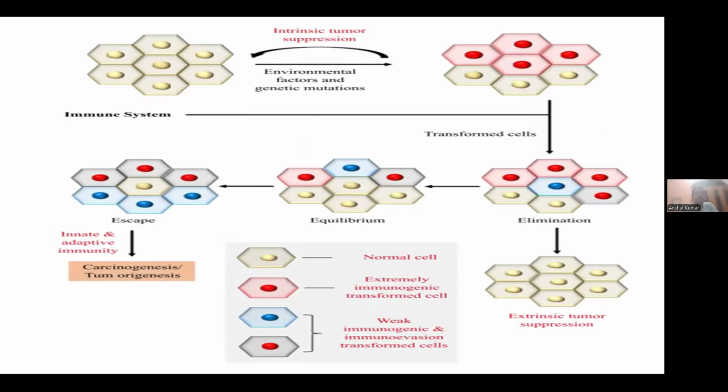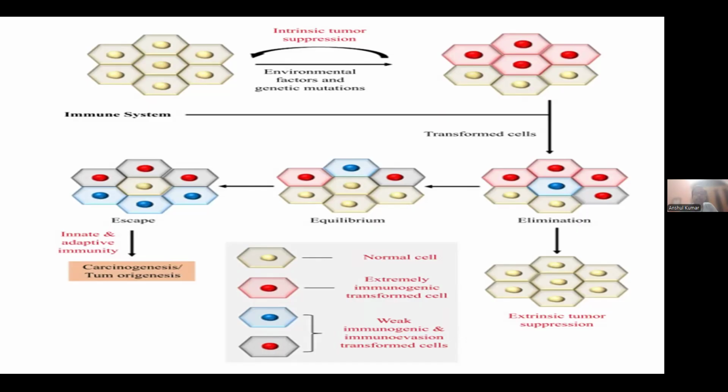So here, we see that due to environmental factors and genetic mutations, some of these cells have been transformed into tumor cells, and hence the immune system of the body develops to eliminate these transformed cells.